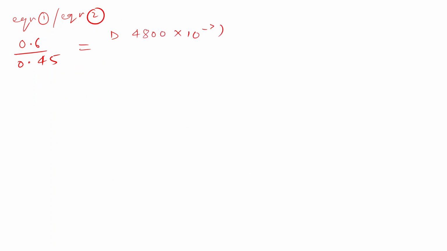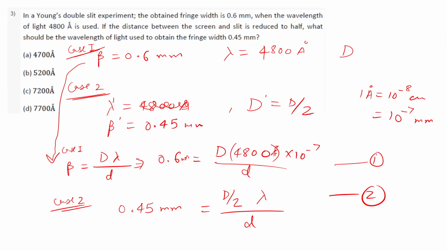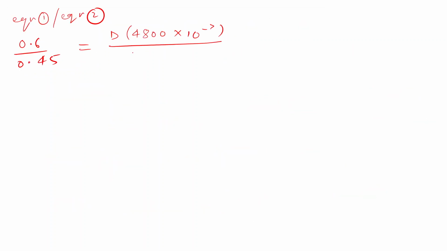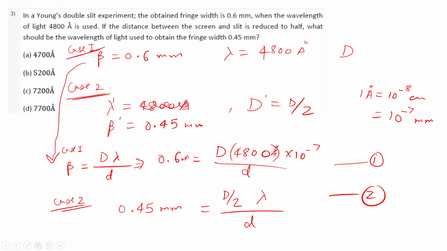So when I divide equation 1 by equation 2, I'll get 0.6 divided by 0.45, right? And on the right hand side it will be D times 4800 times 10 to the power minus 7, divided by d lambda by 2 minus this small d.